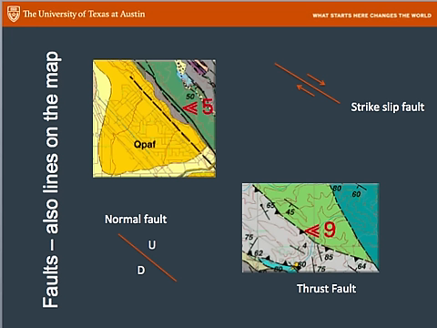Or you might see something like you see there with the number 9 pointing to it, with teeth on one side. A fault marked with teeth on one side is a reverse or thrust fault, and the side that the teeth are on is the older rock that's being pushed up on top of the younger rock. So the purple rock here is coming up on top of the light green rock.